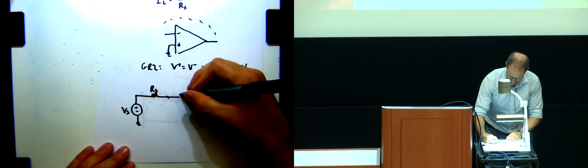This is actually it. But let me go ahead and one more time formally verify this, just to make sure it's clear to everybody. Okay? So I'm going to redraw the circuit here. I've got my VS. I've got my RS. I've got the op-amp. And this is what I'm going to call my output.